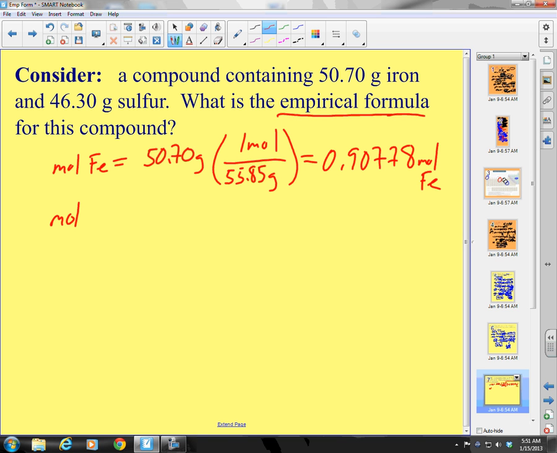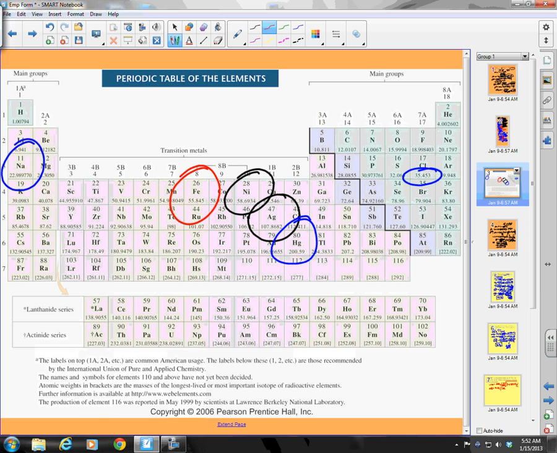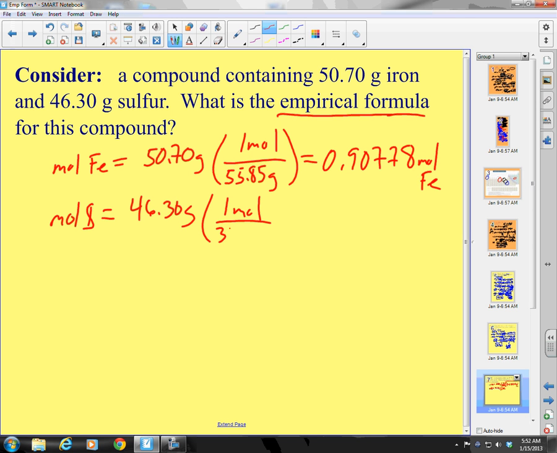Moles of sulfur is equal to what? 46.30 grams of sulfur times 1 mole of sulfur per what? Sulfur. 32.06 if we go to 4 sig figs. 32.07, right?